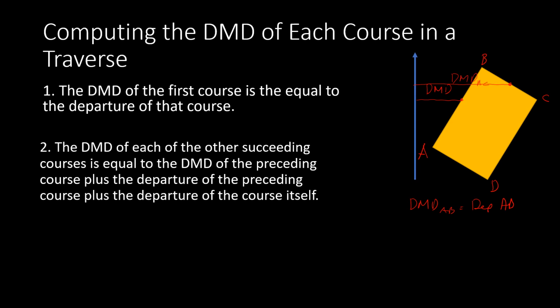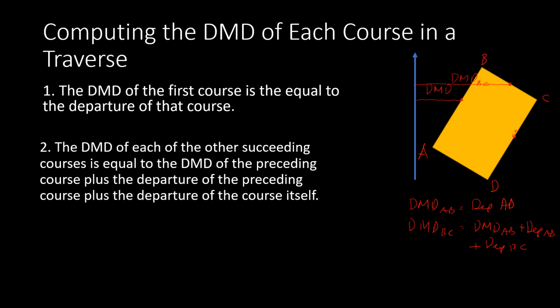And according to this rule, the DMD of line BC will be equal to the DMD of the preceding line AB plus the departure of the preceding line AB plus the departure of line BC. And we shall be applying the same rule for the other traverse lines CD and DA.